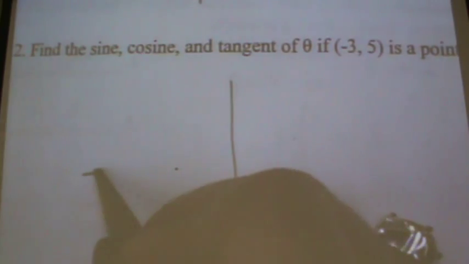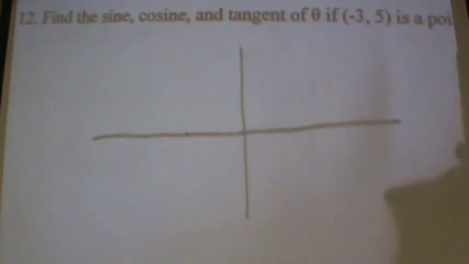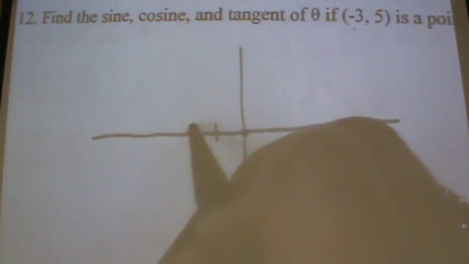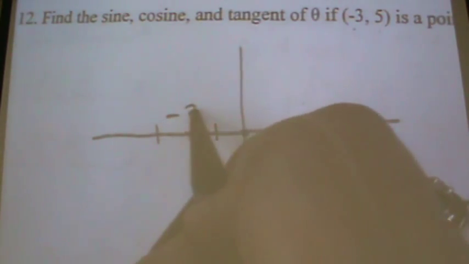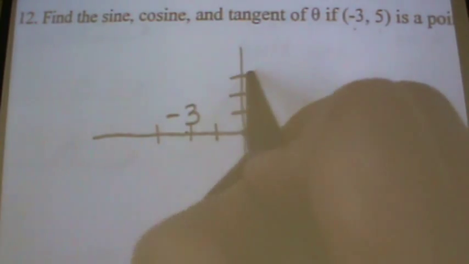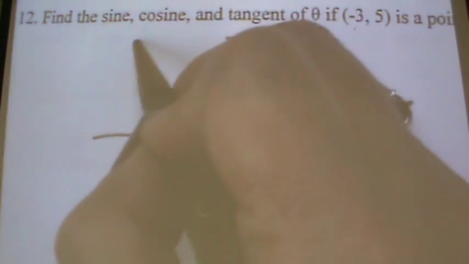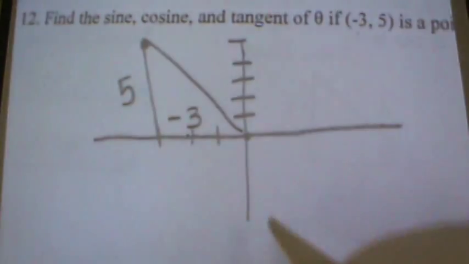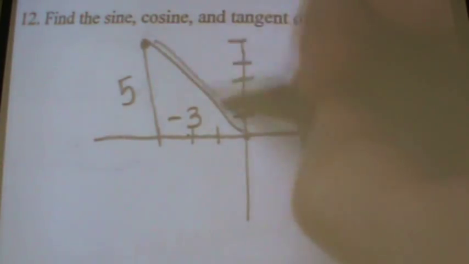Can you tell me where negative 3, 5 is? What quadrant is it in? So if you were to plot negative 3, 5, you're going to go 1, 2, 3, and up 5. 1, 2, 3, 4, 5, which is right there. So in other words, you need to figure out what this is right here.